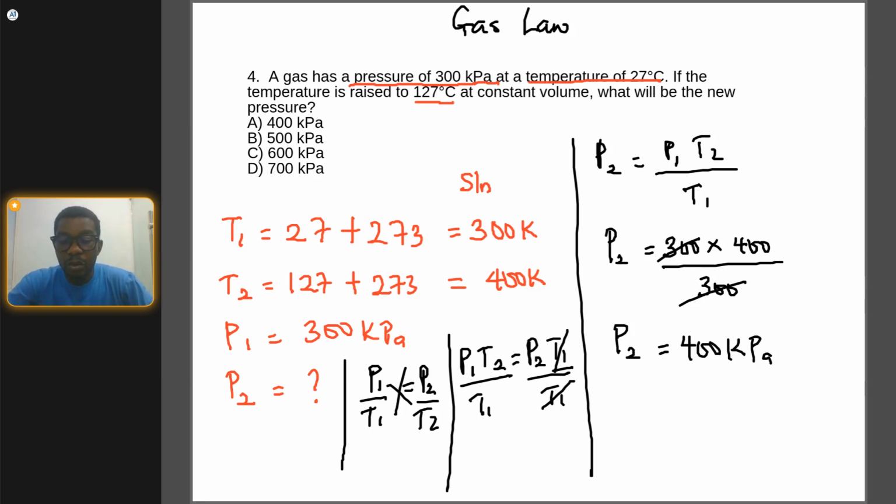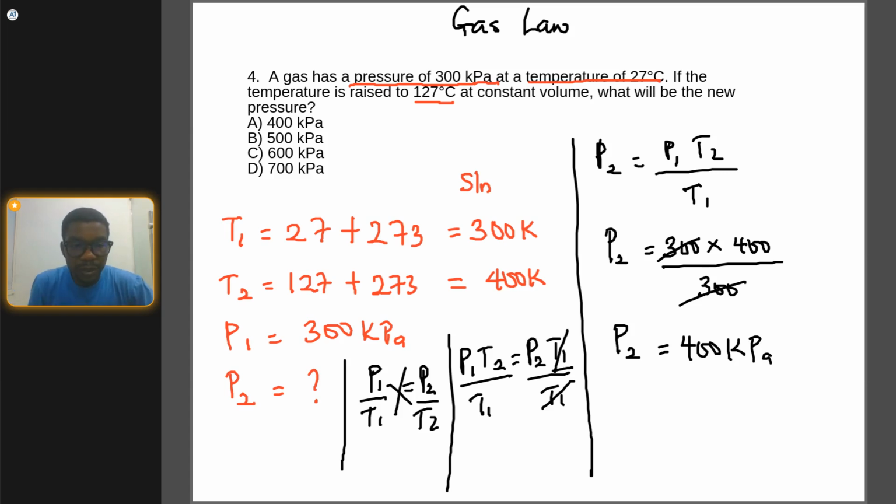So the value of the final pressure is 400 kilopascal. This is how we get the answer for this question.